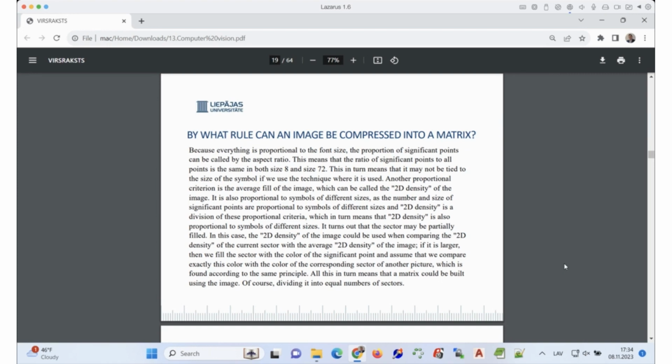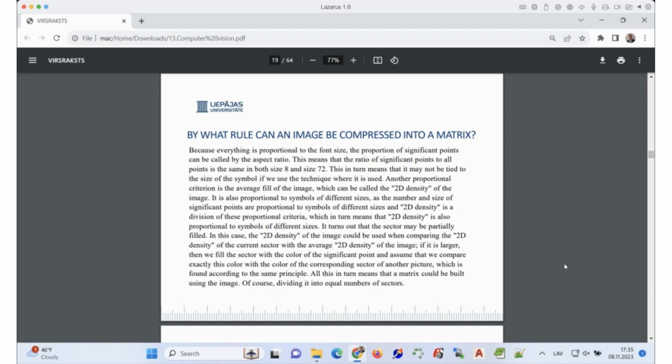If we take symbols of different sizes and measure the parameters of the symbol against their sizes in different equations, you will find that for every symbol the proportion you are looking for will be more or less the same for every size.